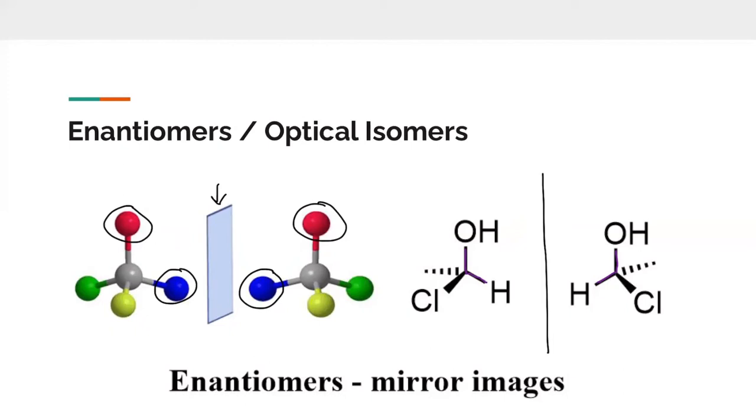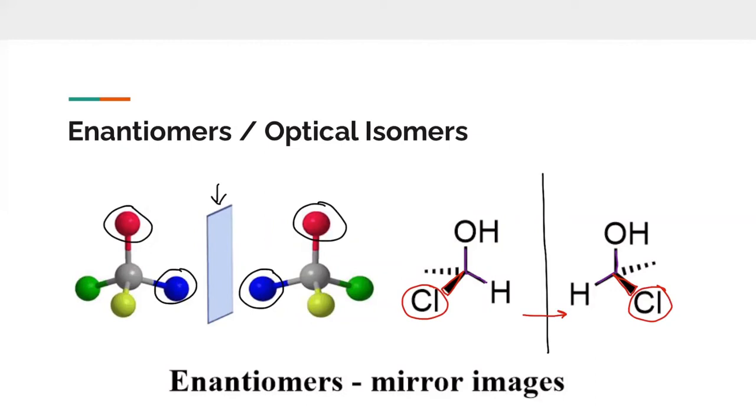those indicate that those bonds lie in the plane of the page. Now, when you see a wedge like this, that means that the bond is coming out of the page. So these chlorine atoms, you can imagine, are sticking out of the page in three-dimensional space. And so therefore, you can see how these two chlorine atoms would reflect onto each other across this mirror plane.